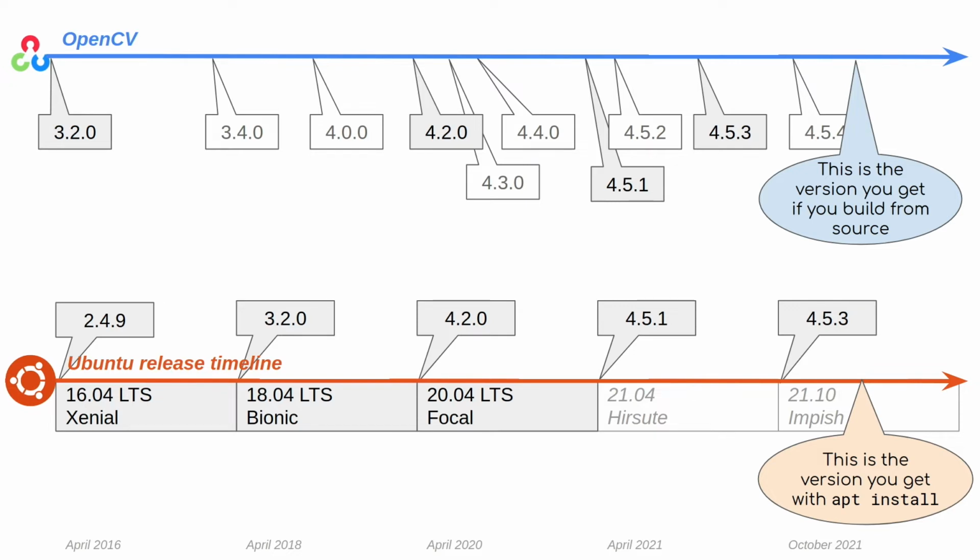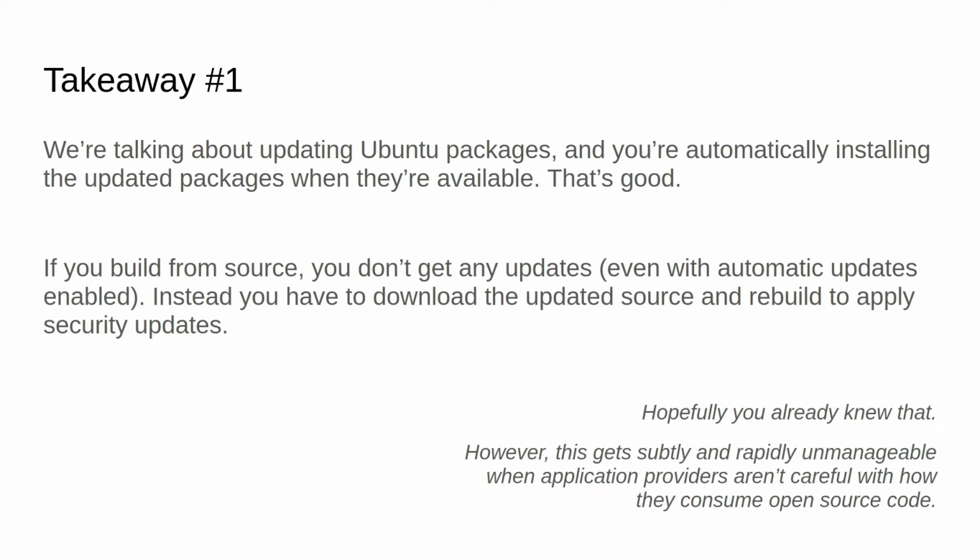This has an interesting takeaway. All right, so we'll take a side note here. Based on what we've talked about so far, in this talk, we're talking about how you update Ubuntu packages. All right, how you get those automatic updates. When you have automatic updates enabled and software's coming down, you're automatically installing the updates, everything's good, everything's working together.